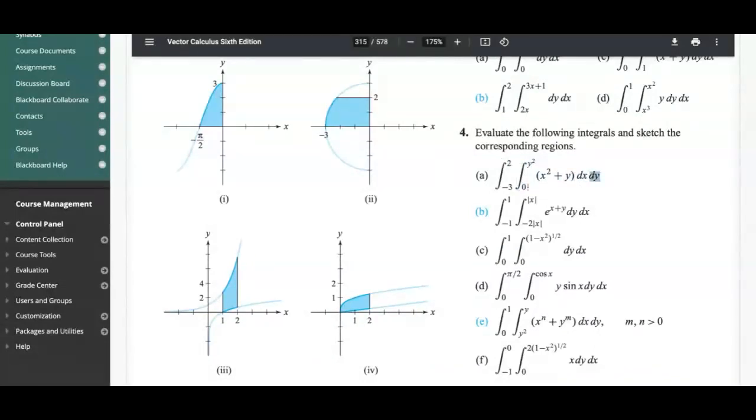So the y direction goes from -3 to 2, and the x direction has a dependency on y: psi 1 of y equals 0, psi 2 of y equals y squared. Okay, so this is the y simple region. But when you integrate, you just don't care, right? You integrate the inner one first, you get a function of y, then you integrate in the y direction.